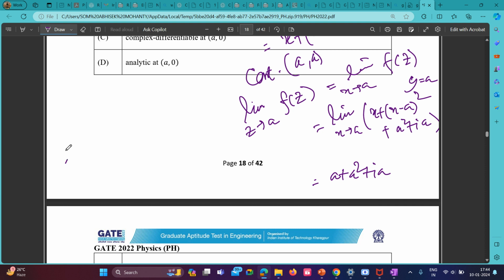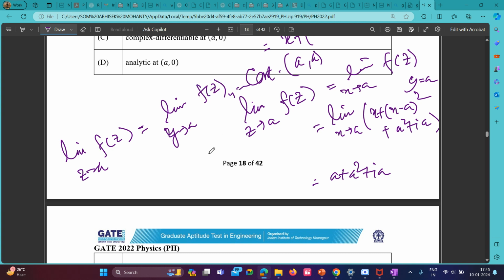Parallel to the y axis will be limit z tends to a of f of z equal to limit y tends to a of f of z at x equal to a. So that will be x plus x minus a whole square plus y square plus iy at a. That will become a plus a square plus ia.